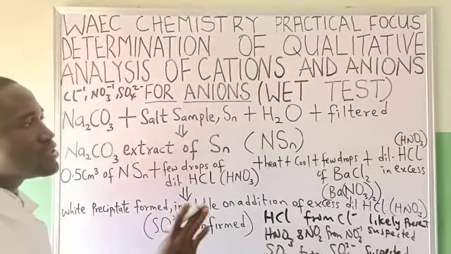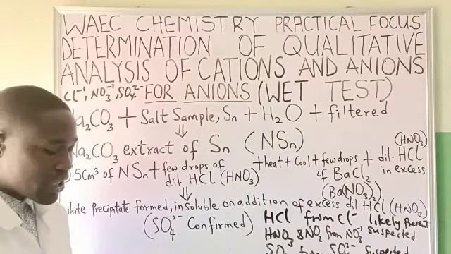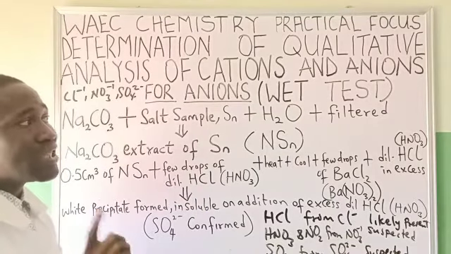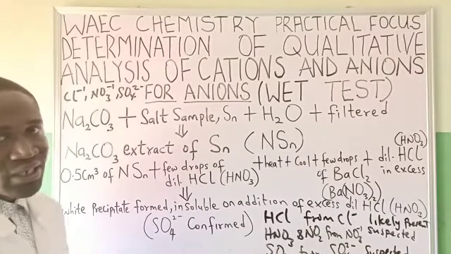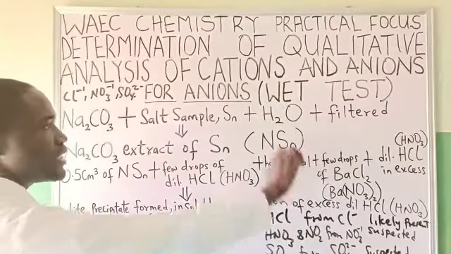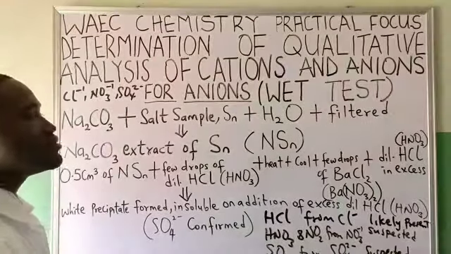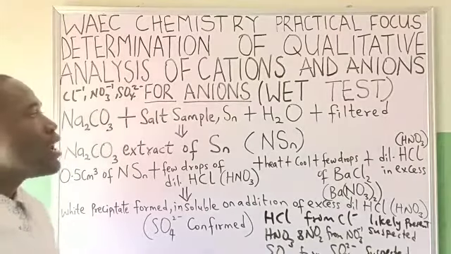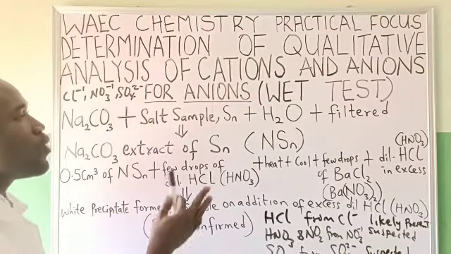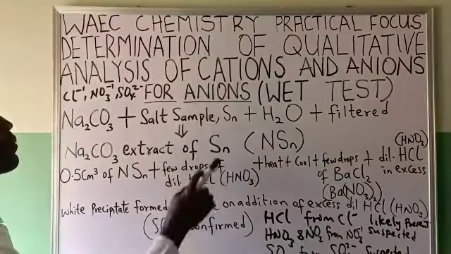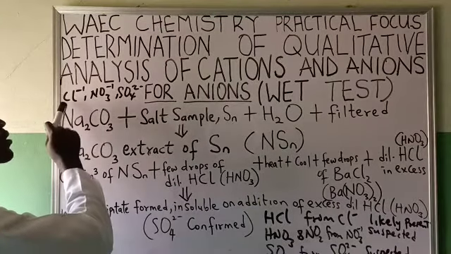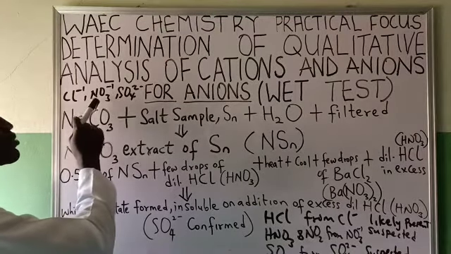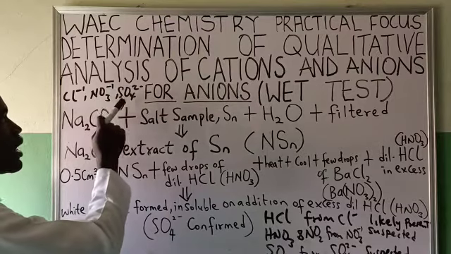You don't write confirm. It's very important to know that, because the dry test is not a confirmatory test. It is the wet test that you can now use and say confirm. Now, why are we preparing the wet test? We want to prepare the wet test so that we can test for chloride ion, nitrate ion, and sulfate ion.